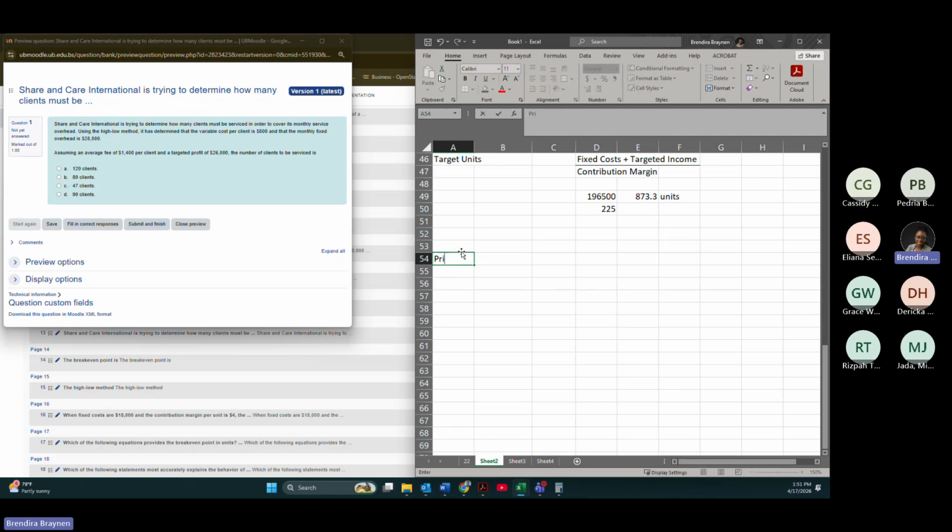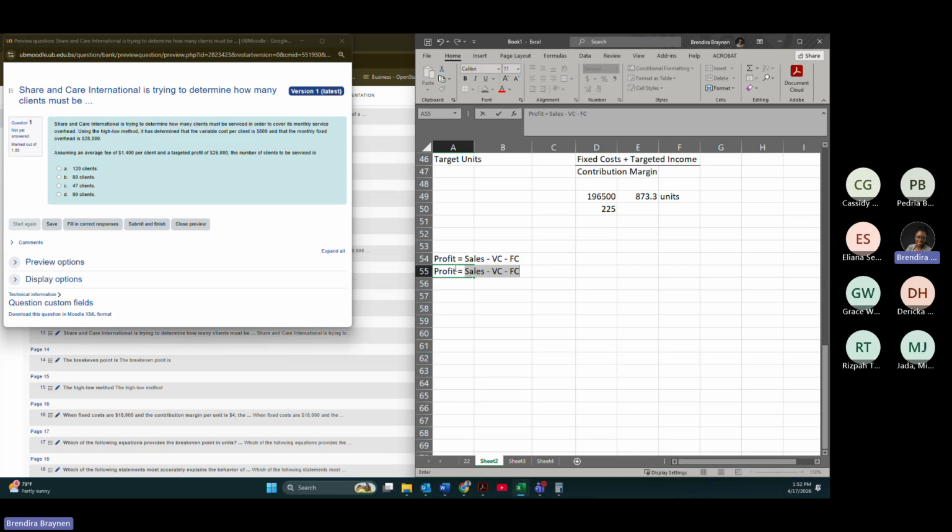The profit is usually equal to sales minus expenses, right? You know that already. Sales minus our expenses, in this case, our variable costs and fixed costs. So you would use this formula, plug in what you know in order to find the number of clients. And keep in mind, you could further expand this as well, because you would need to in this case.